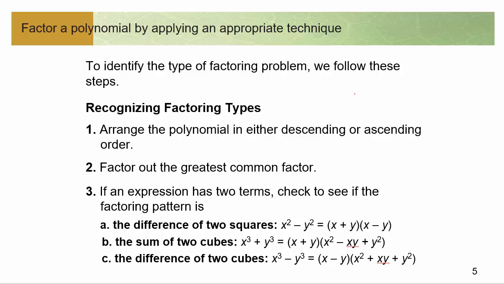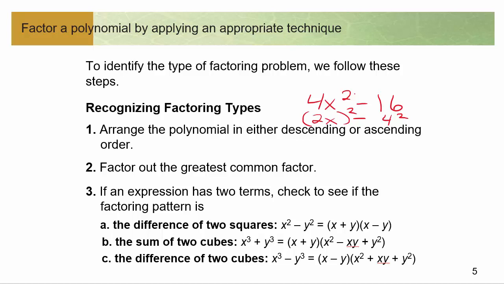So think about if you had 4x squared minus 16. That's still something squared minus something squared, because if I take the square root of this term, remember terms are anything separated by pluses and minuses, the square root of it is 2x, and the square root of this is 4. So you can see that this is something squared minus something squared, right? So it fits that pattern.